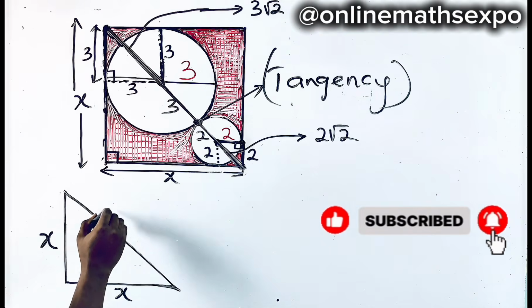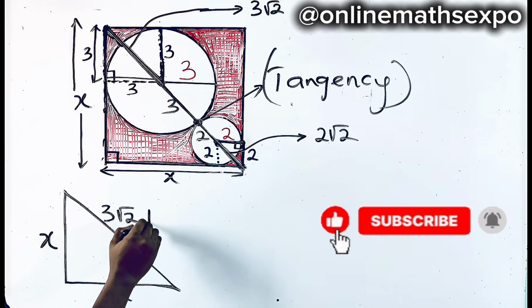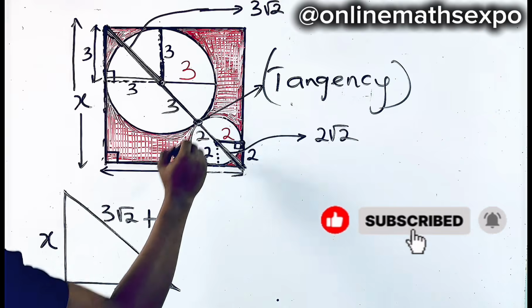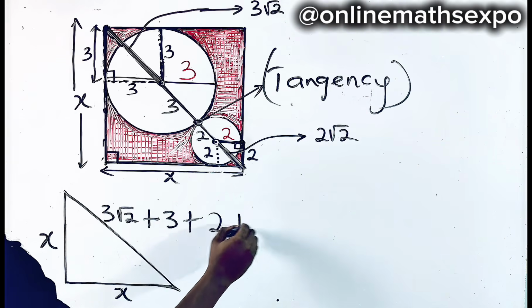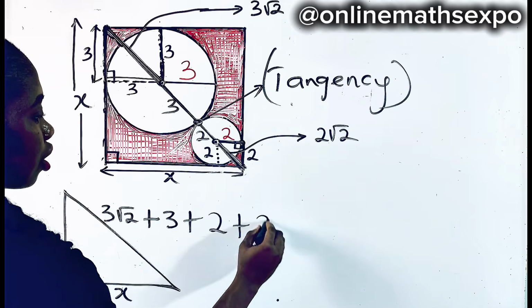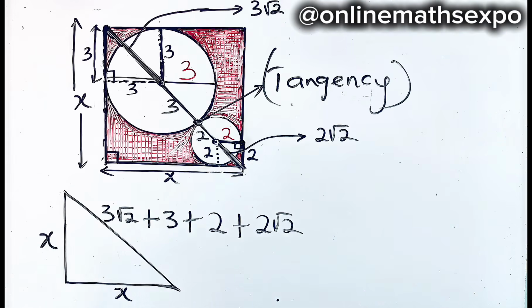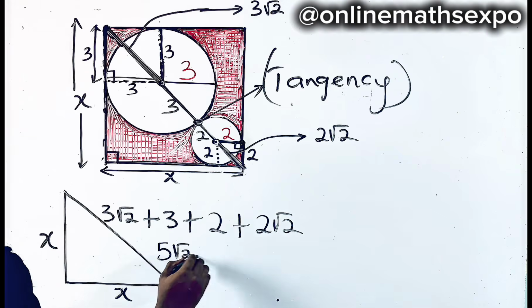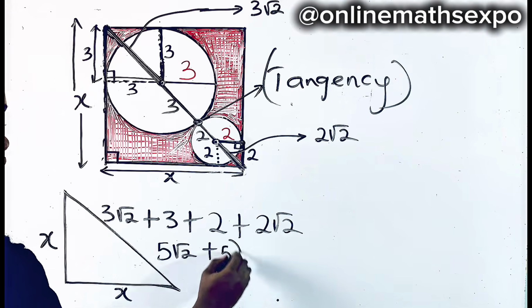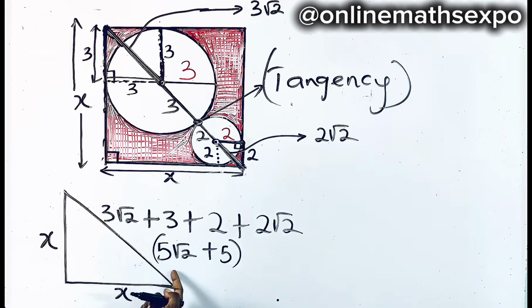From here to here is 3 root 2, plus from here to here is 3. From here to here is 2, and from here to here is 2 root 2. So add this plus this gives you 5 root 2. Add this, it gives you 5. So this length is given as this.